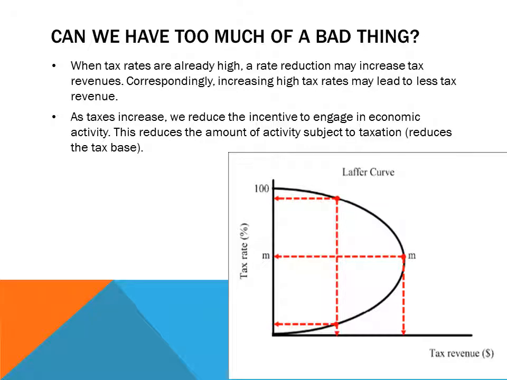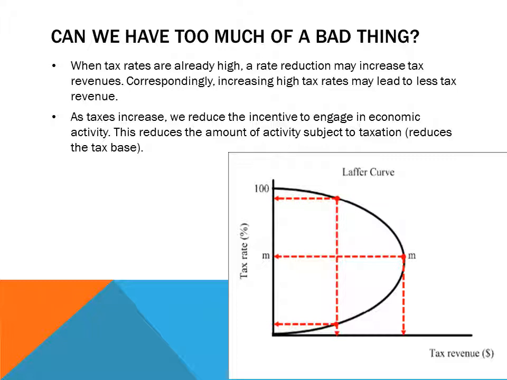The diagram in the lower right-hand corner of the screen shows the Laffer curve, and this shows the relationship between the marginal tax rate and the tax revenue that a government is able to collect. Obviously, with a tax rate of 0, there won't be any tax revenue collected by the government.